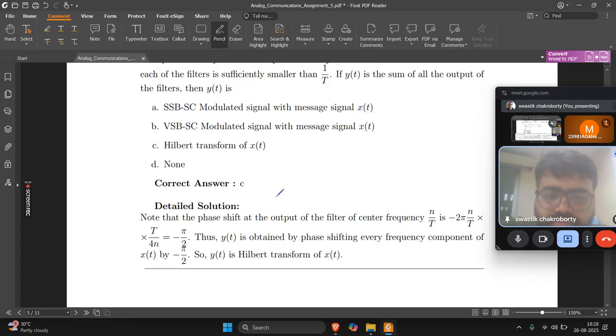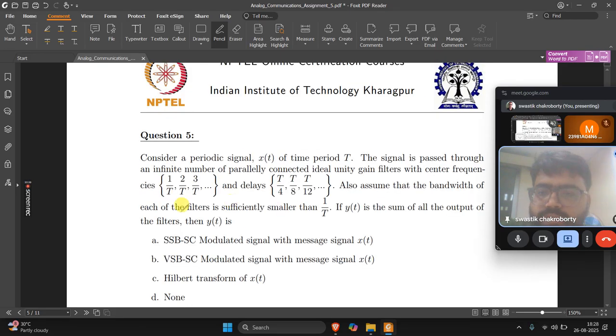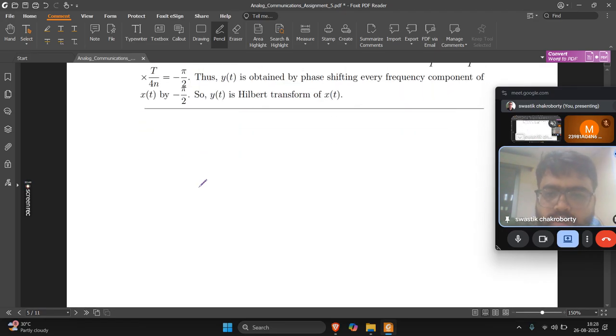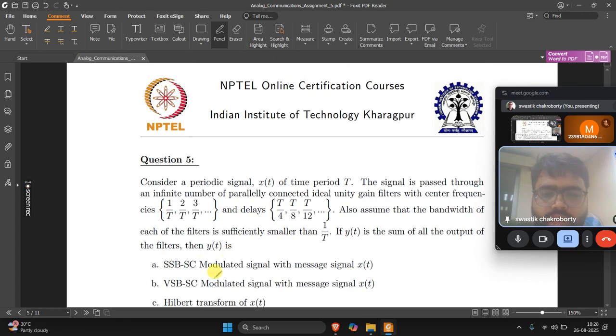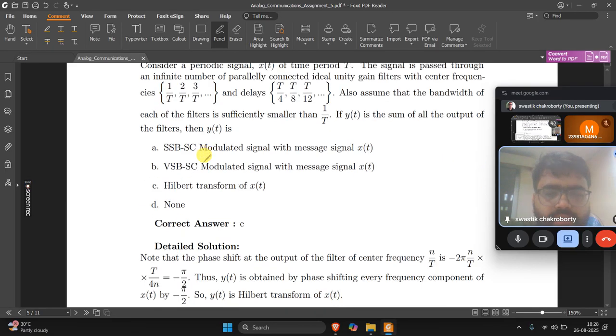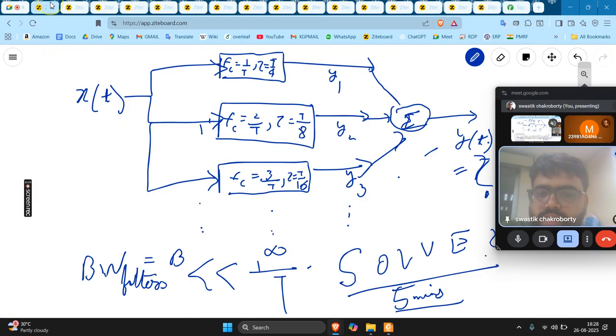Now, the phase shift. Here we have the center frequencies at 1/T, 2/T, 3/T. At a particular nth filter block, here you have many filter blocks, fc equal to n/T. So fc will be n/T at the nth filter block.